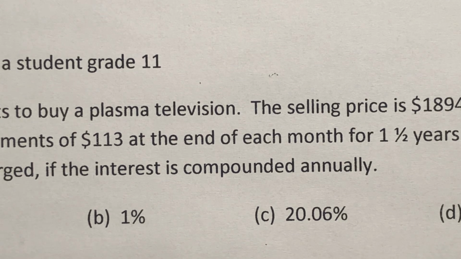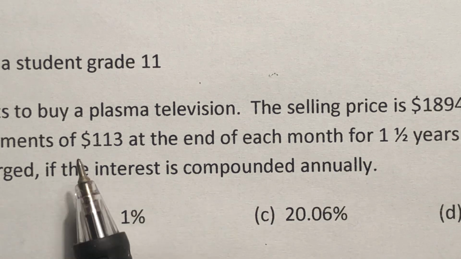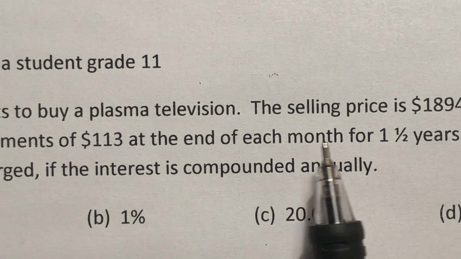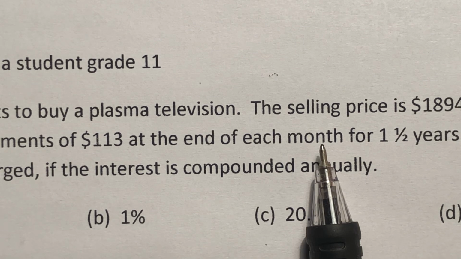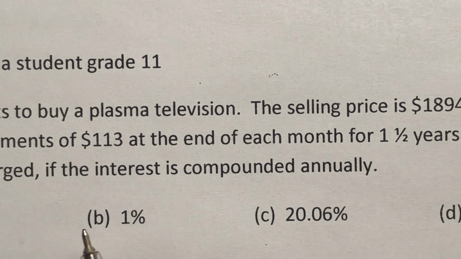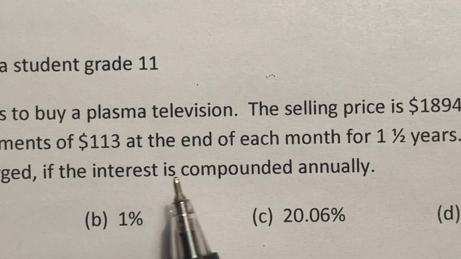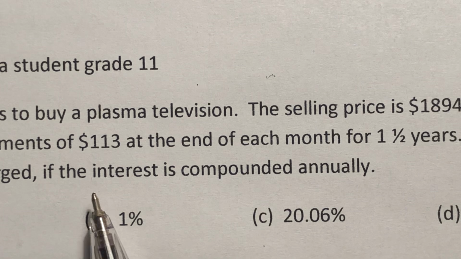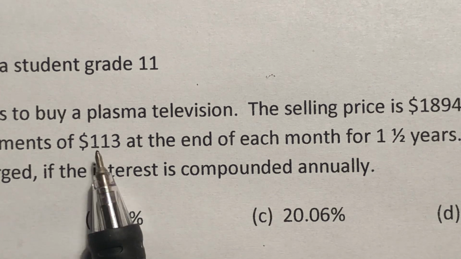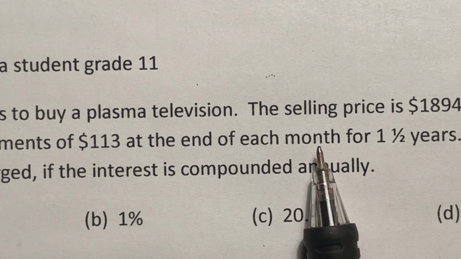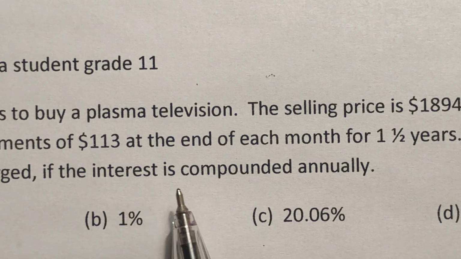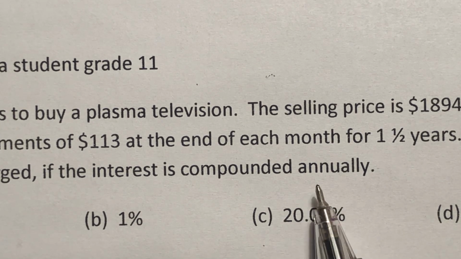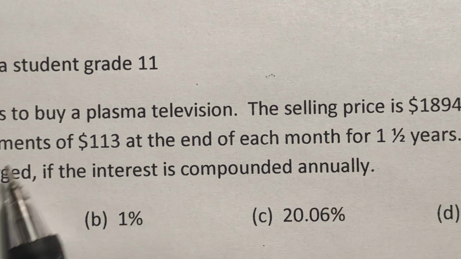The annuity requires the regular payment each month. If the regular payment is each month, the interest should be compounded each month. Now in this question, the regular payment is each month, but the interest is compounded annually. So this is a discrepancy. So this is a problem.